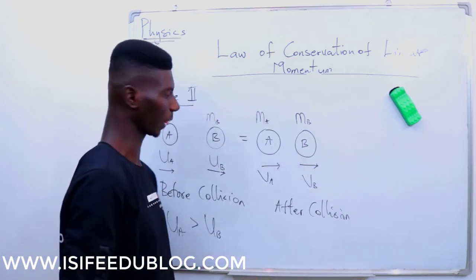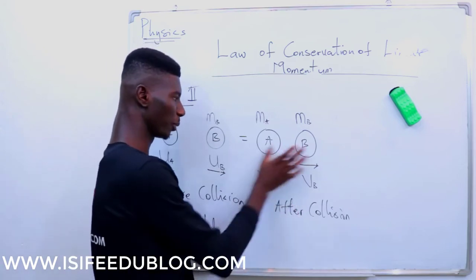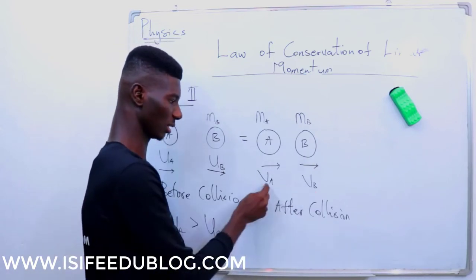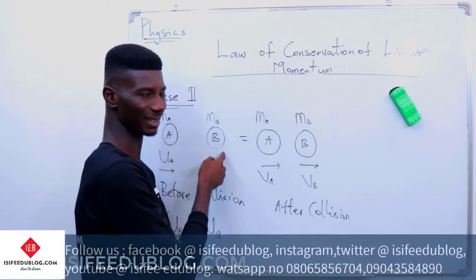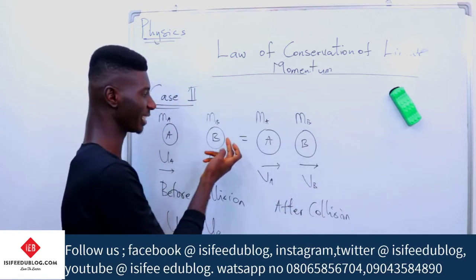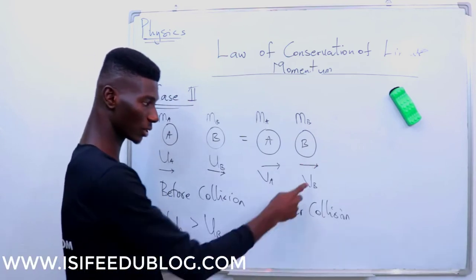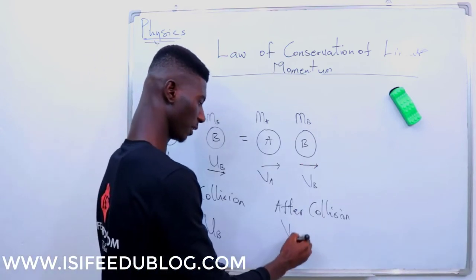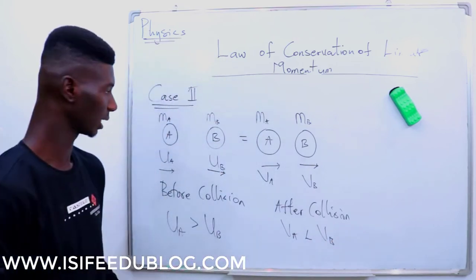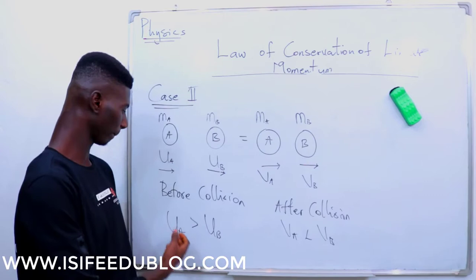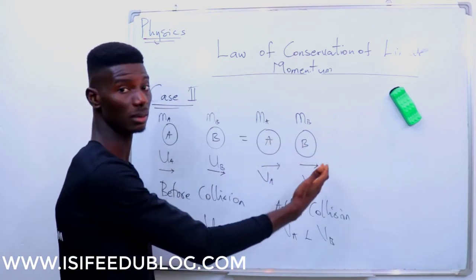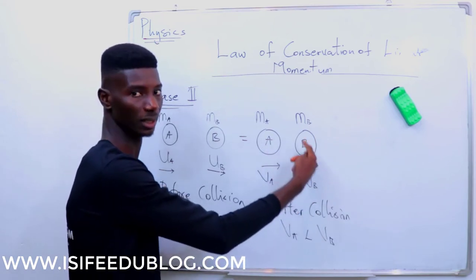If both of them collide and still separate, that means for this to hit this and both of them collide and separate, this particular body has increased the velocity of this. So the final velocity of this, in this case, VA will be less than VB. Definitely. Yes. Initially, before collision, this is greater than this. But once they collide and separate, it will add to the speed of this.